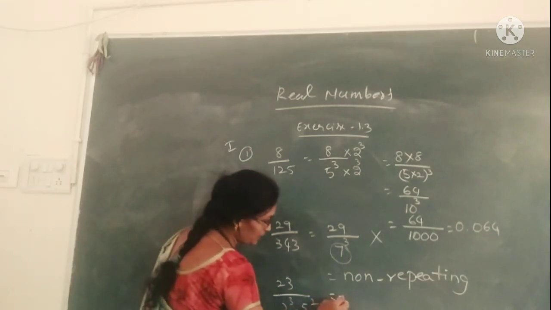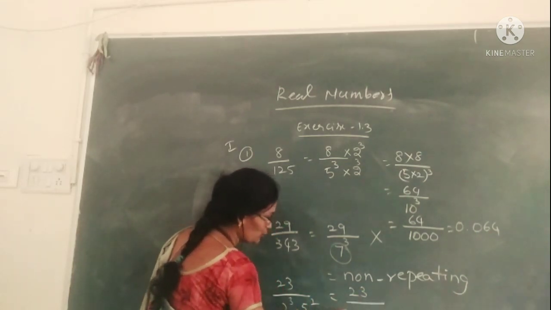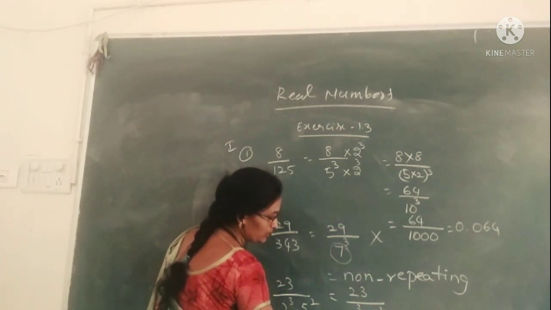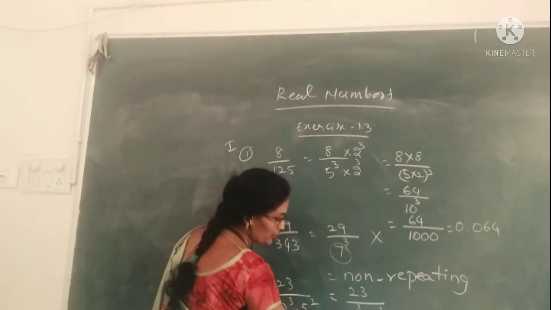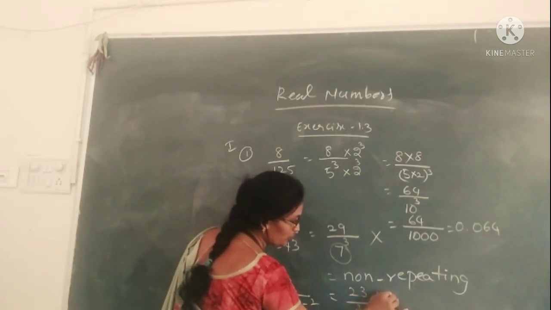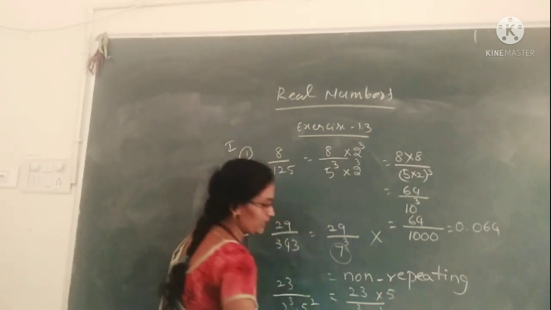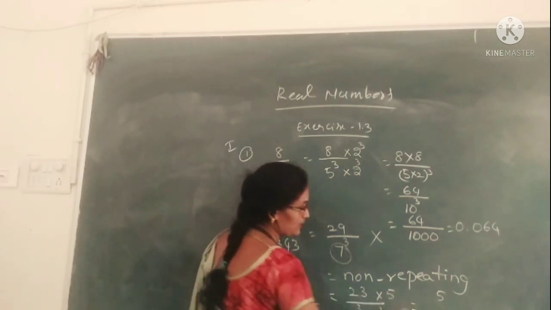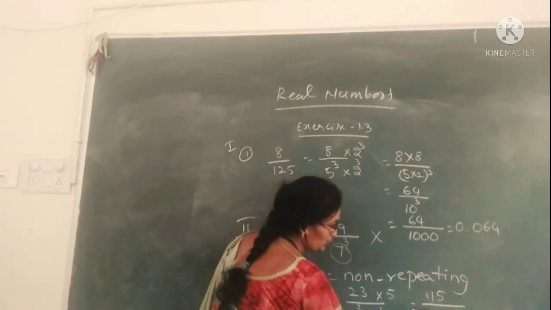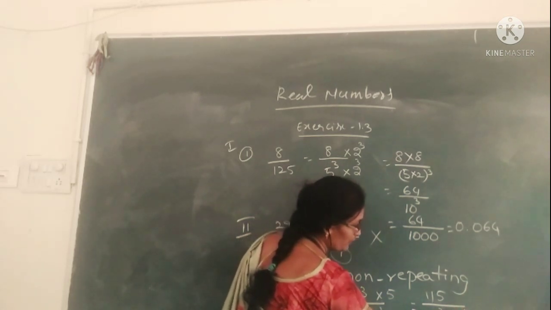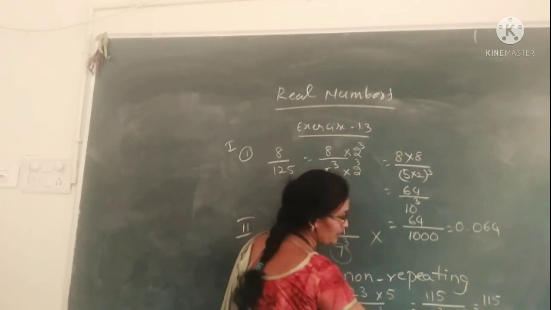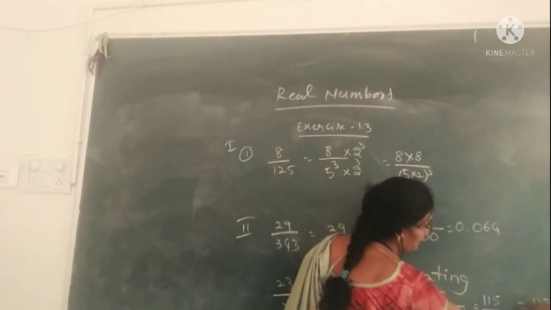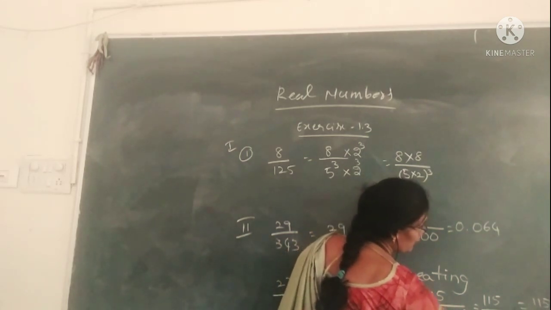To express the decimal form of 23 by 2 cube into 5 square, we multiply both numerator and denominator by 5. 5 3s are 15, 5 2s are 10 plus 1, 115 by 2 to the power of 3 into 5 to the power of 3. Then 115 by 2 into 5 whole cube, so 115 by 10 to the power of 3.